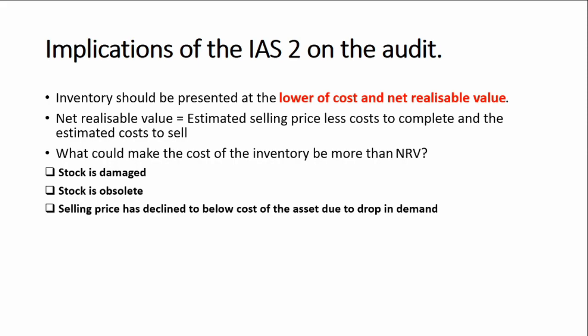So if you are dealing with something like gold, if you're dealing with something like oil, where there's an active market for this, and the market is so active that the market tends to want to set its own price. So you are, as a producer, not a price setter, and that can lead to a particular product being considered more than its net realizable value.